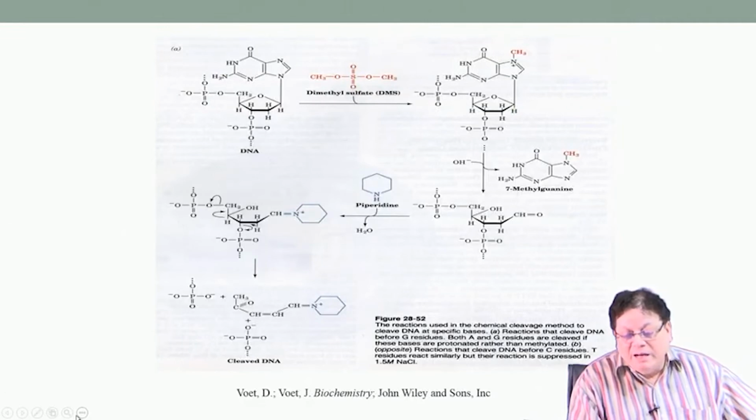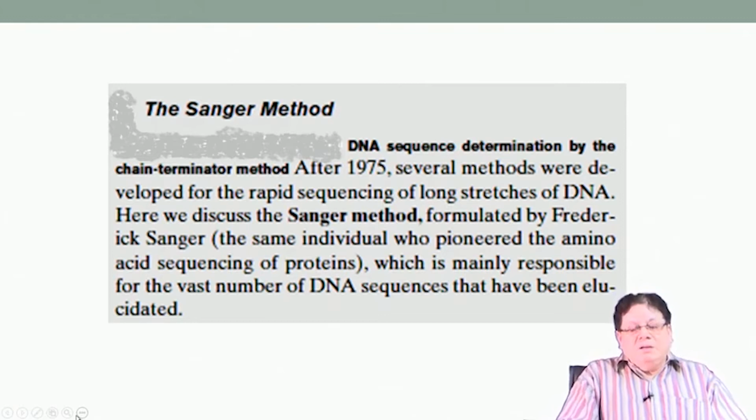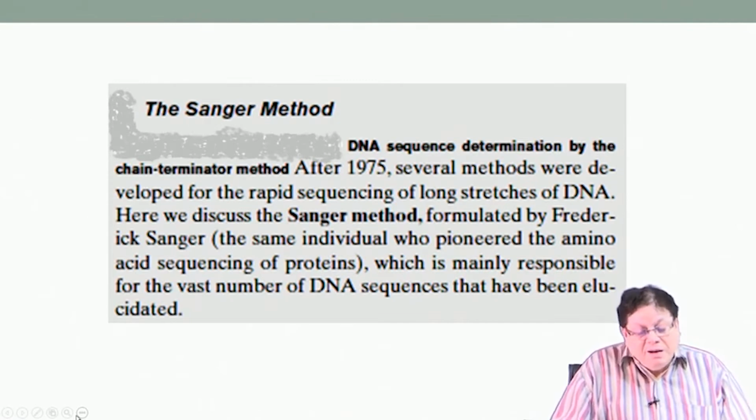the other technique, which is Sanger's, discovered by Frederick Sanger at Cambridge University, England, and that was done in 1975. At the same time, the Maxam-Gilbert sequencing technique was also discovered.